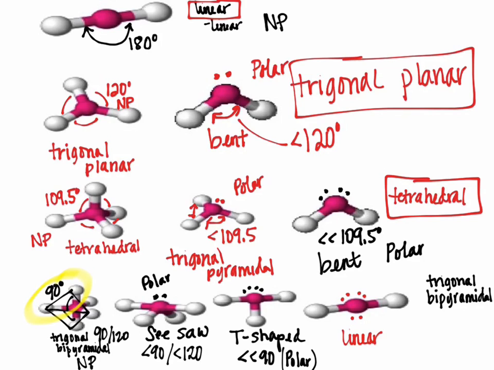The angle is now 180 degrees, because while we have these lone pairs up here at top that are pushing down, we also have these lone pairs over here that are pushing up, and so it makes a 180 degree angle. And this is one of your exceptions. While it has lone pairs on it, it is nonpolar. Nonpolar, one of your exceptions.